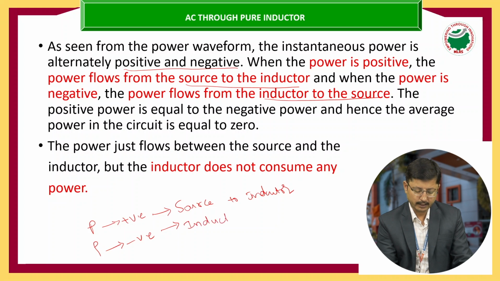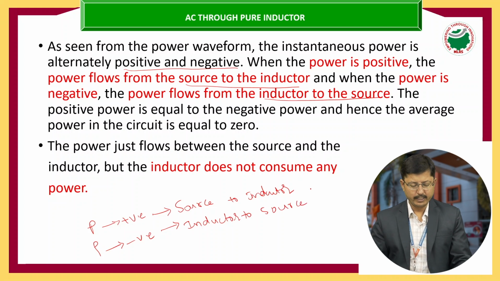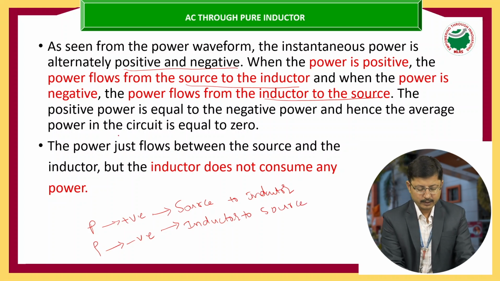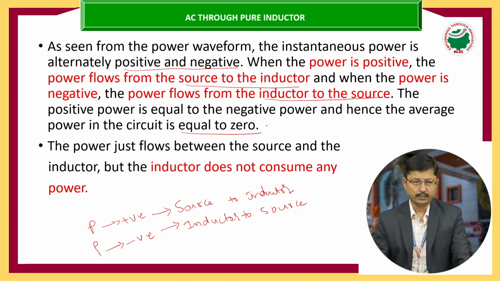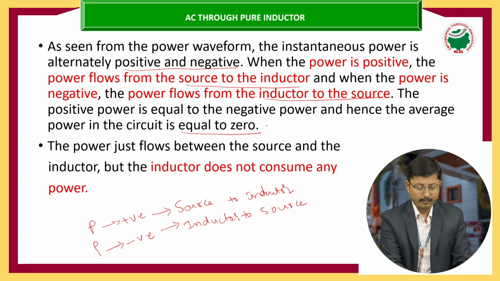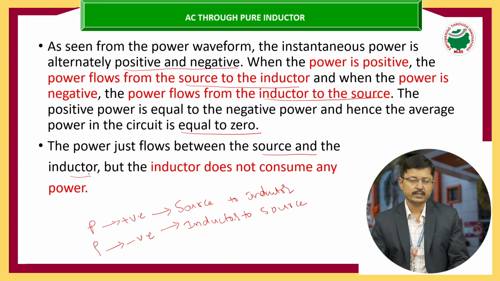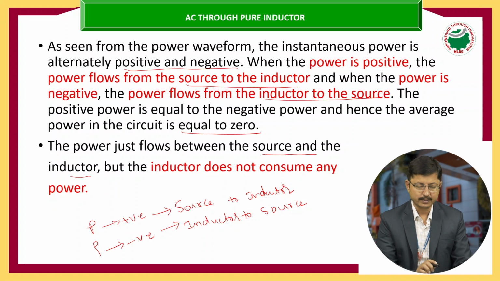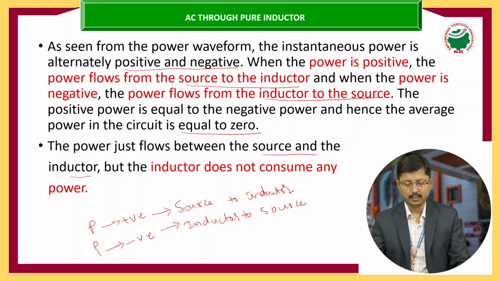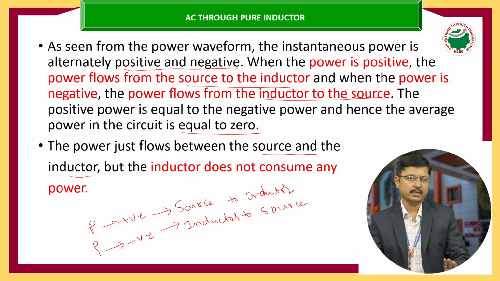So positive power equals negative power, hence the average power in the circuit is 0. Power just flows between the source and the inductor. It never consumes power. So the inductor does not consume power. This is the conclusion.